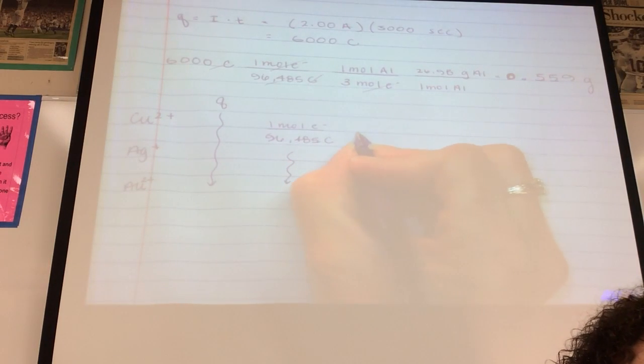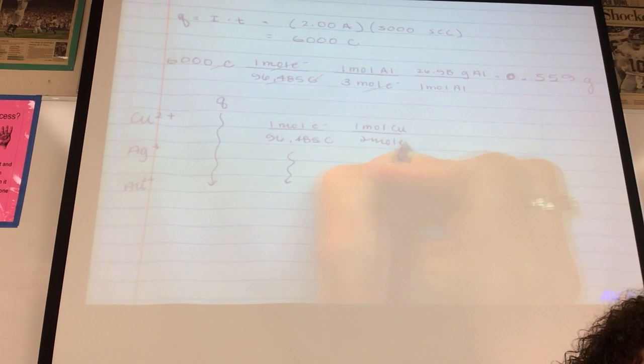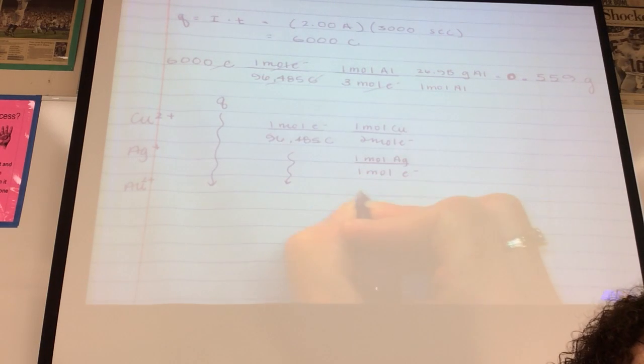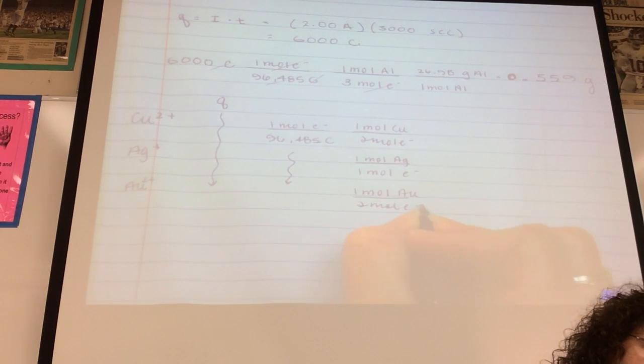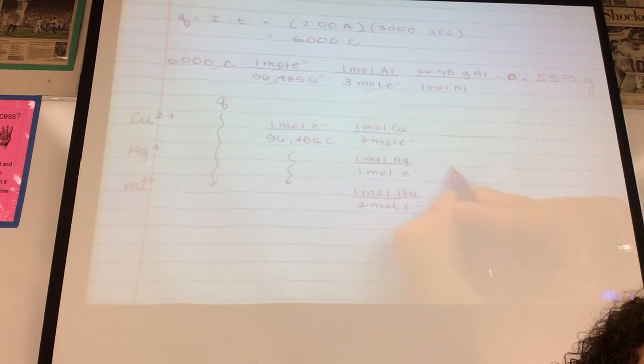Okay, so this is all the same. Now here's where they're going to start to differ, right? Because we're going to have 1 mole of copper to 2 moles of electrons. This will be a 1-to-1 ratio. Why? You got it. And then they're going to differ here too.